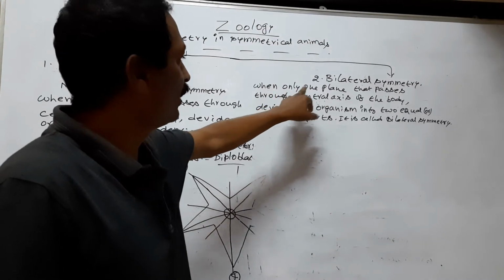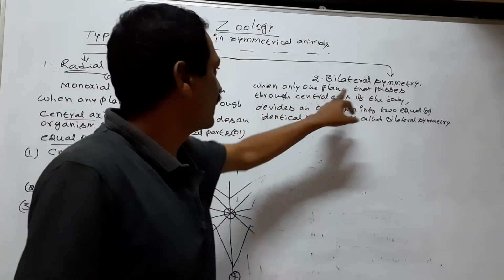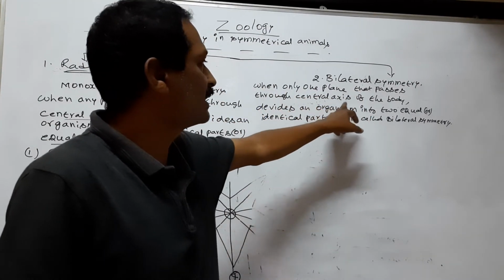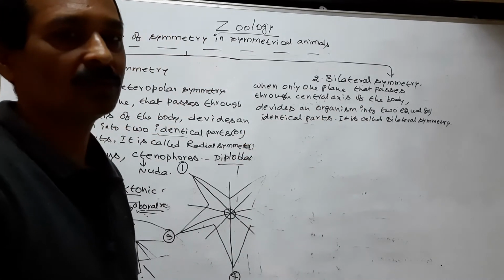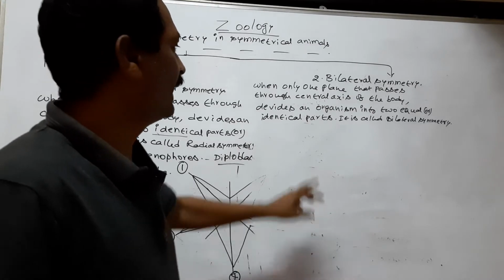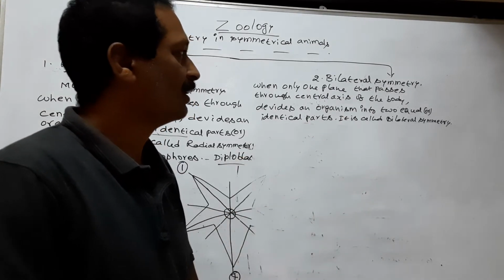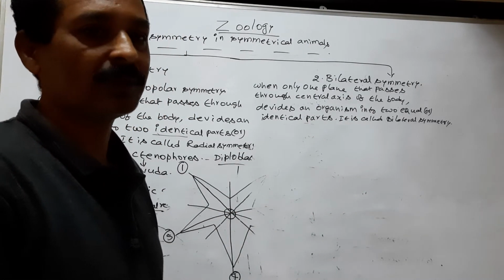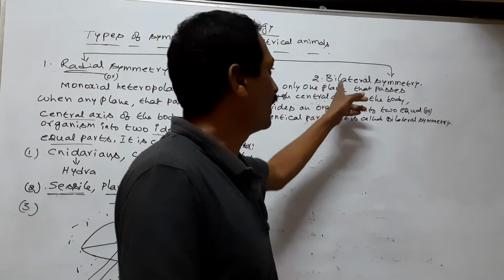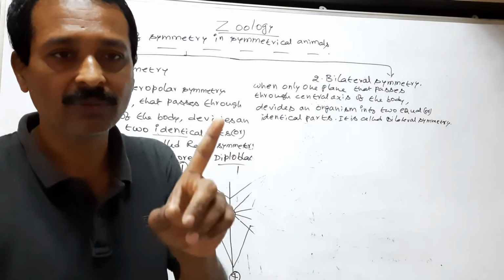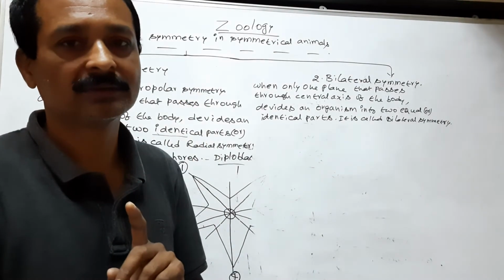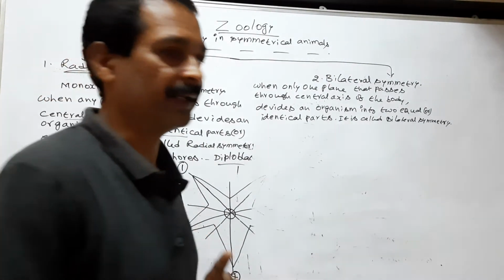So when only one plane that passes through the central axis of the body divides an organism into two equal or identical parts, it is called bilateral symmetry.